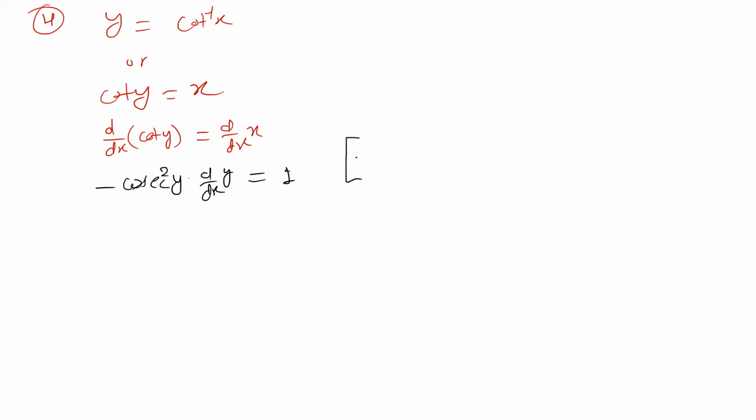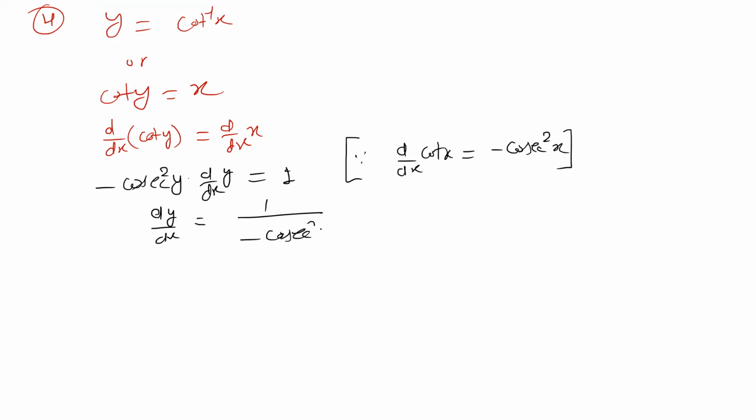We will get 1. We know that the derivative of cot x is a standard derivative of standard functions. Okay, we have already done it. So then dy by dx, you will get minus 1 by cosec square y.